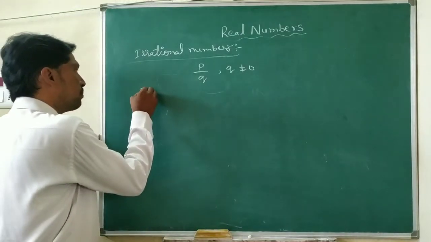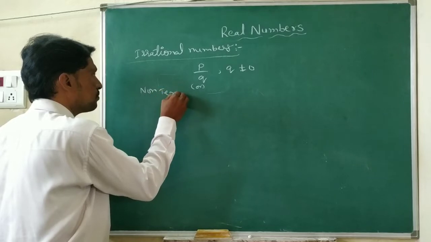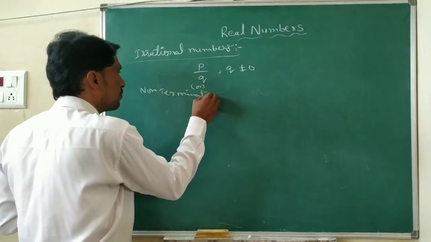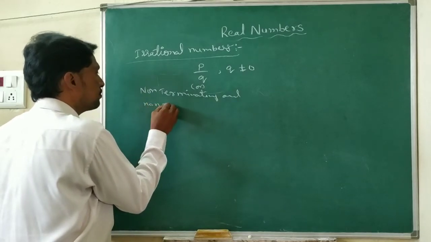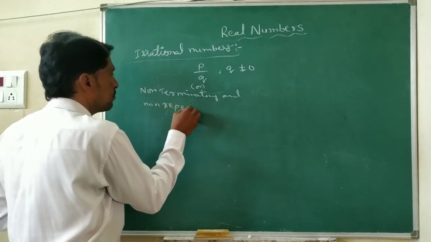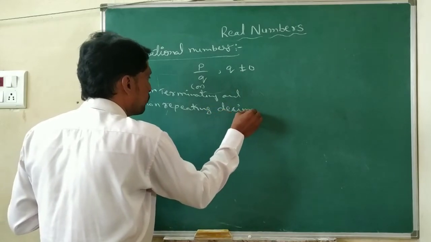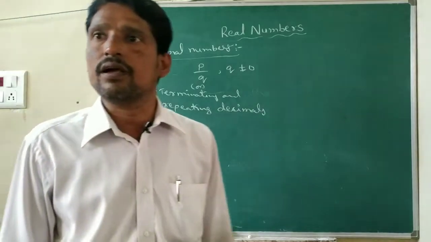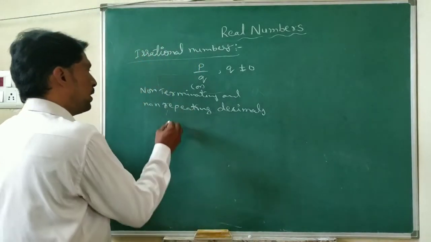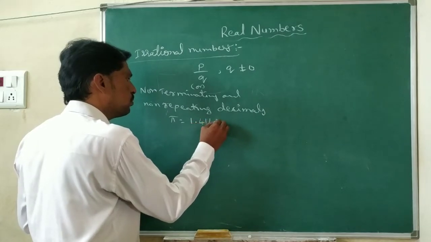Otherwise, non-terminating and non-repeating decimals are called irrational numbers. For example, pi value, or root 2 equal to 1.4142, and so on.